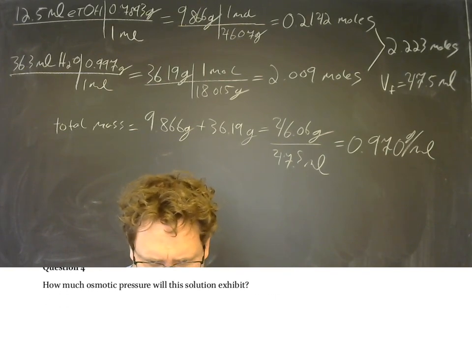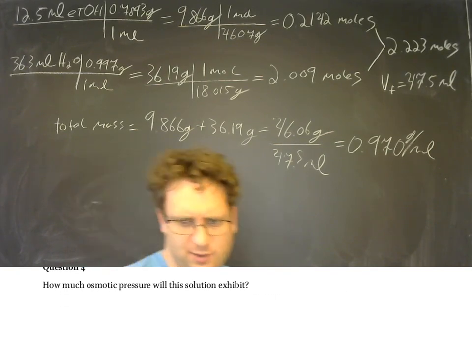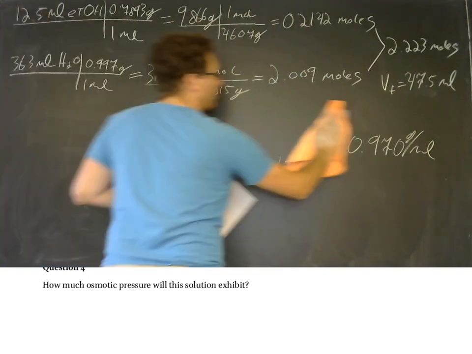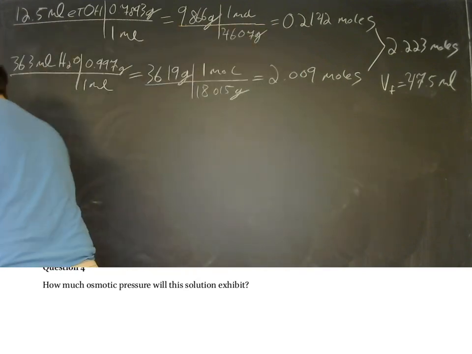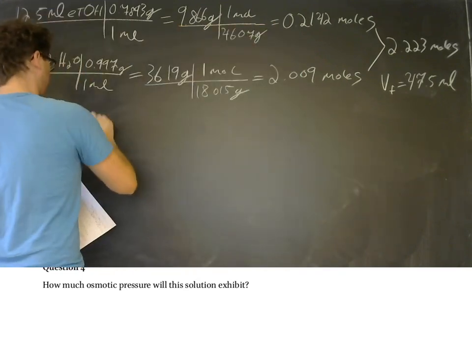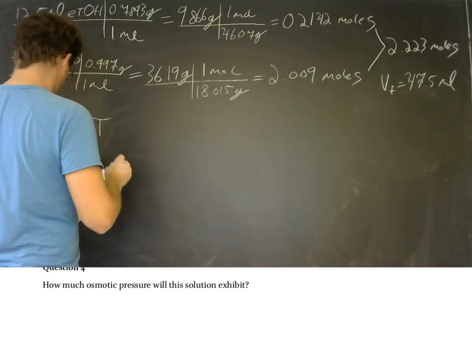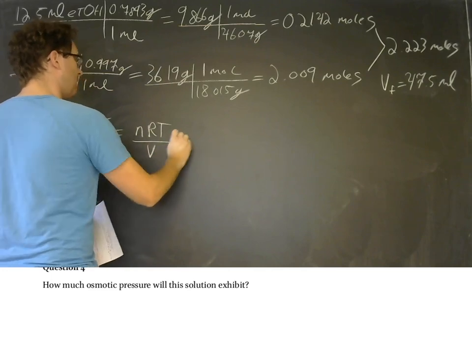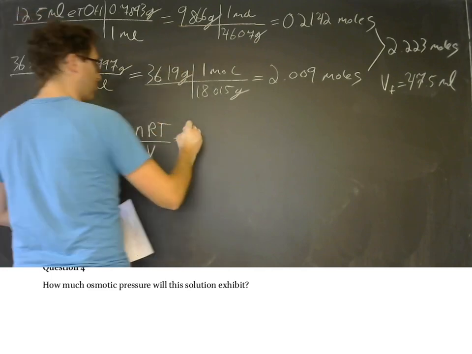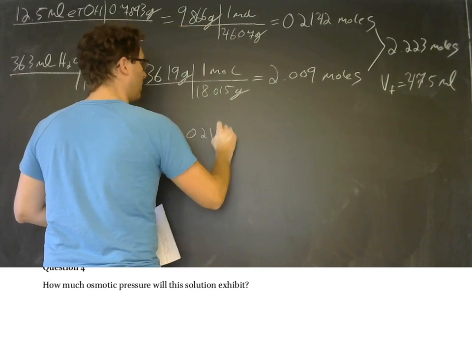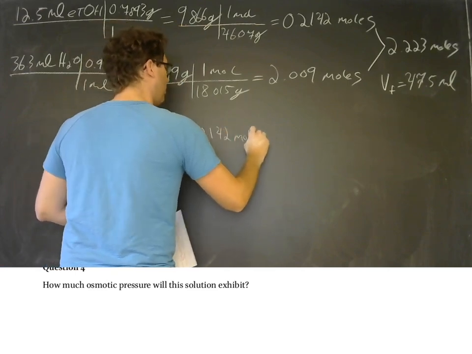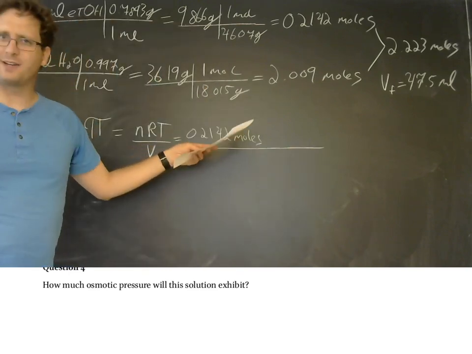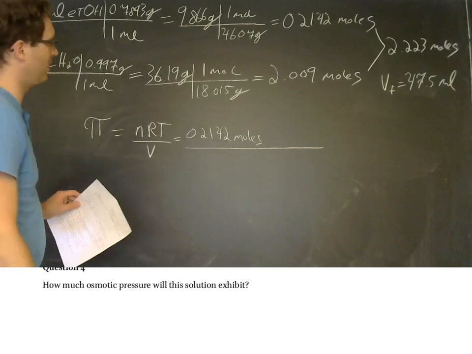Okay, and then lastly, how much osmotic pressure will this solution exhibit? Can get rid of the density stuff here. Remember, pi, our osmotic pressure, is equal to nRT over V. N is going to be 0.2142 moles. That's the number of moles of solute particles. Van't Hoff factor is just 1 because this is a non-electrolyte.